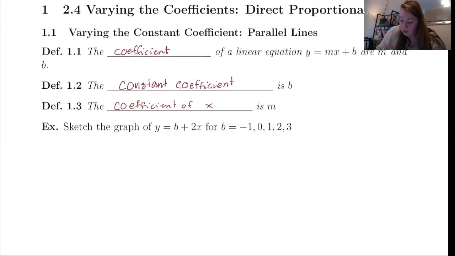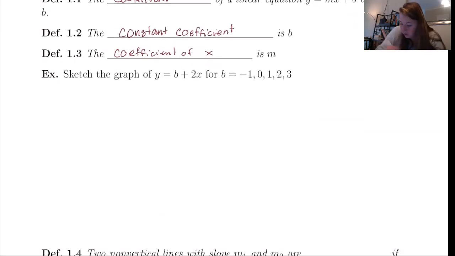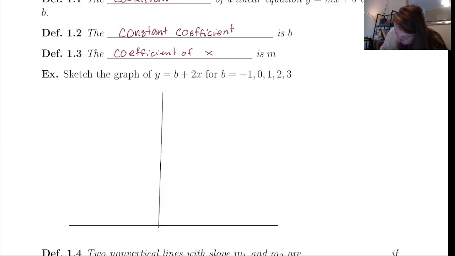Okay. So we're going to sketch the graph of y equals b plus 2x for b equals -1, 0, 1, 2, and 3. So all those different b's. So just to keep my life a little bit easier, we're just going to list it down here.